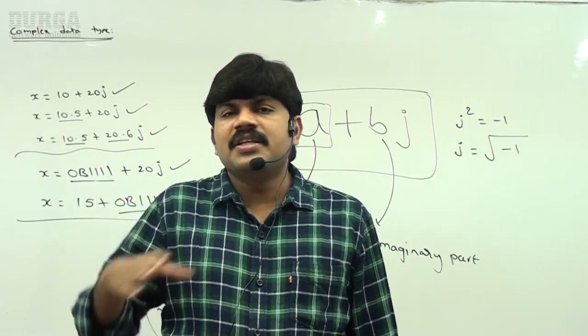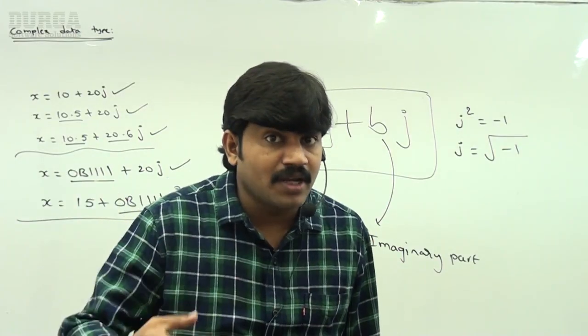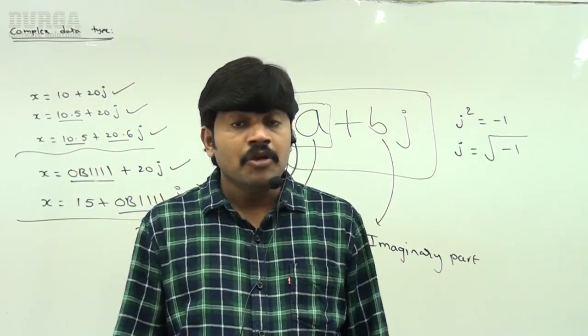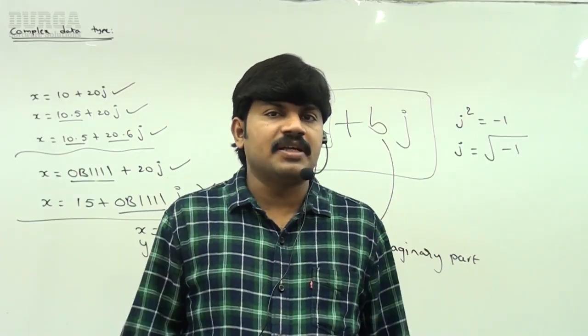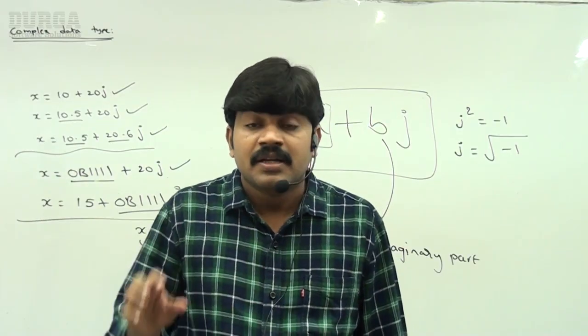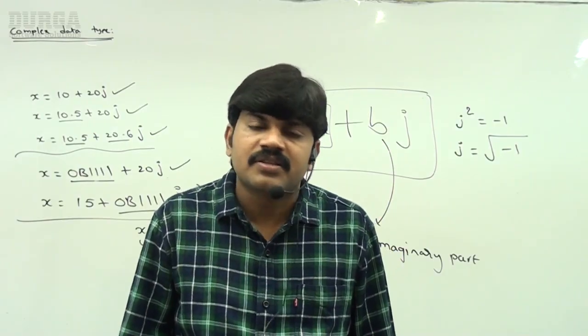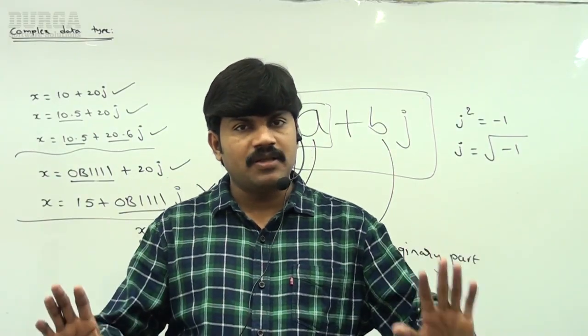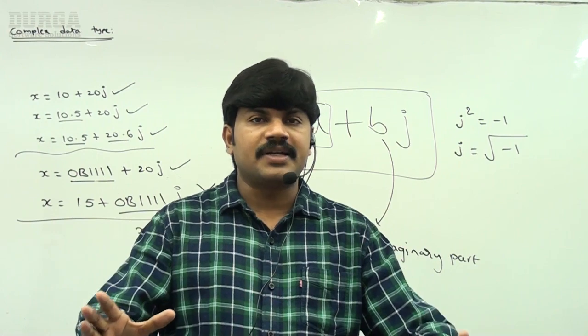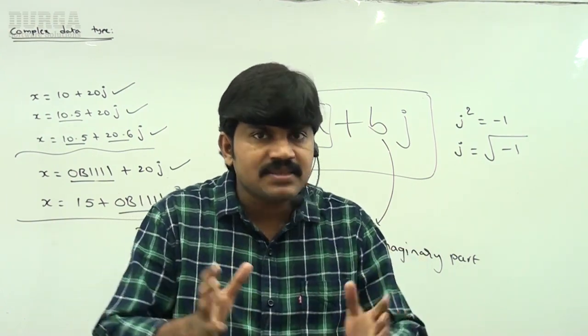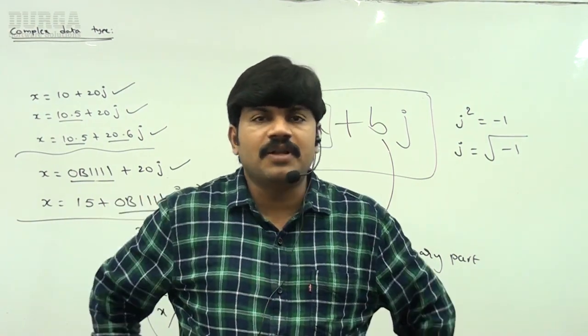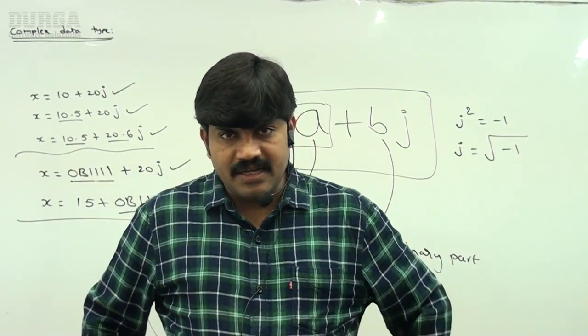But anyway, it is not a very frequently used data type in Python. Only very specific scientific applications, mathematics applications, and electrical engineering applications, there this complex data type is going to play a role. That's why it is highly recommended to discuss it as little as possible. Any doubt?